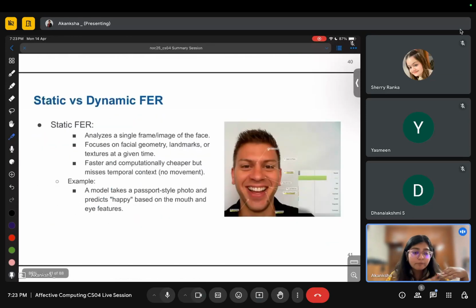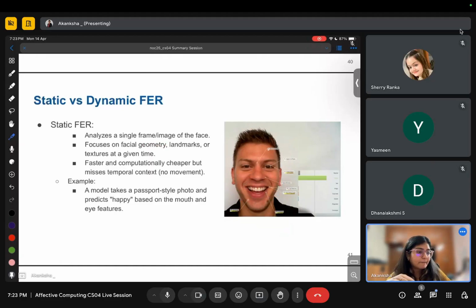Also there are two ways of determining the emotions. Either you can use the image or you can use video. So in static, usually we are using just one frame, image, single face, and in this frame you can see this person looks happy, okay.